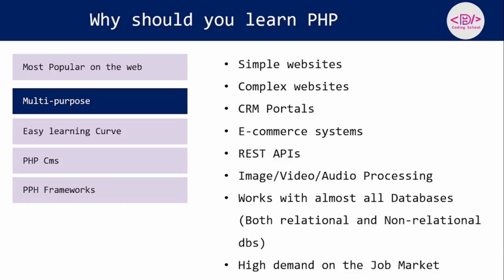You can use it to build complex websites, such as e-commerce and portals. You can build really very complex systems, like accounting systems, school management systems, all these CRM portals. You can use PHP to build REST APIs.